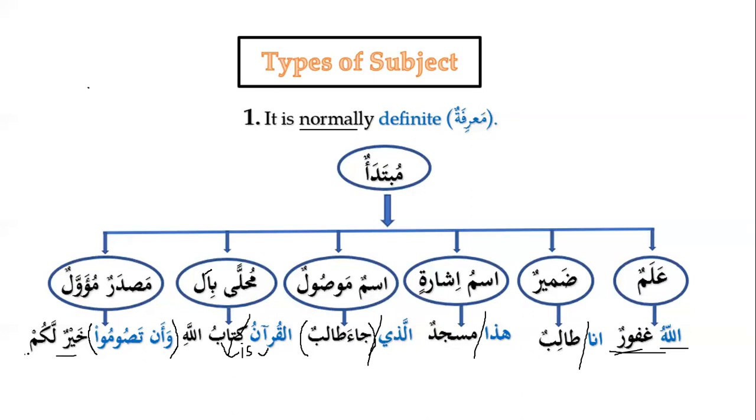And we know that lakum is jar majroor. So basically it will be siyamukum khayrul lakum. Wa antasumu khayrul lakum. So wa antasumu is in the place of mubtada, mahallan mubtada, and khayrun is khabar. So now we have discussed the types of mubtada that are generally definite.